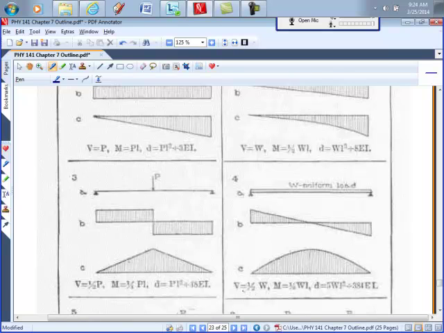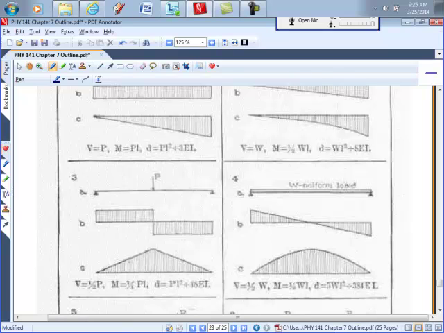And they had the maximum shear is L over 2 times W. Maximum moment is 1/8 WL, that should be WL squared. And this D here is the displacement.